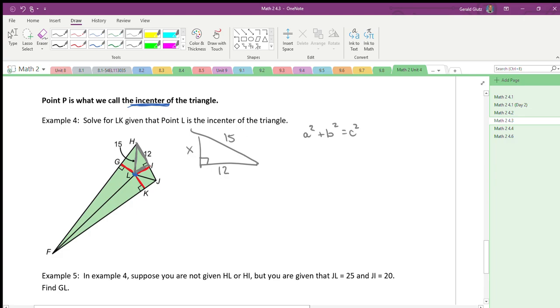So 15 has to go where c is, and it doesn't matter where 12 goes. So a squared plus 12 squared equals 15 squared. So a squared plus 144 equals 225. If I subtract 144 on both sides, a squared equals 81. Take the square root on both sides, so a is going to equal 9. So that means LK is equal to 9.